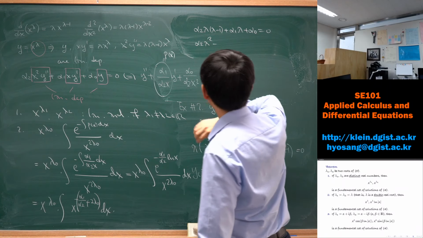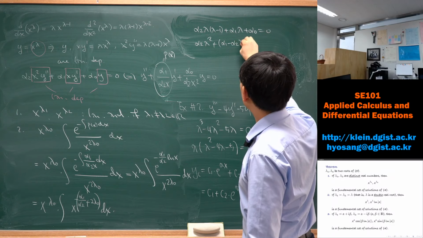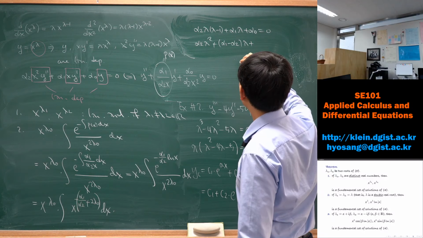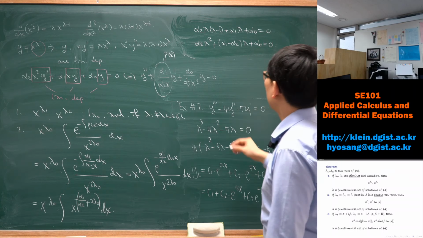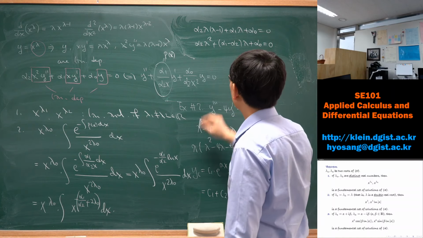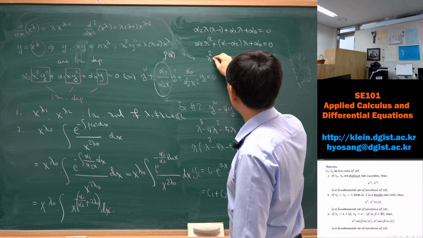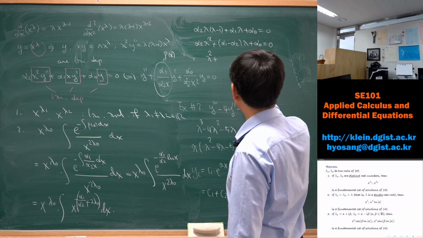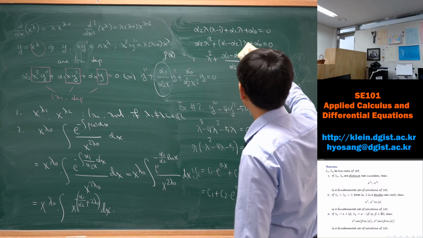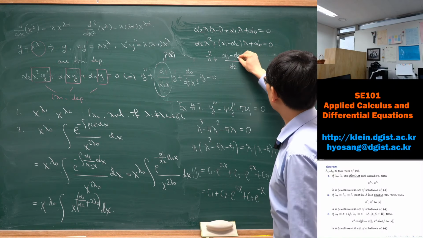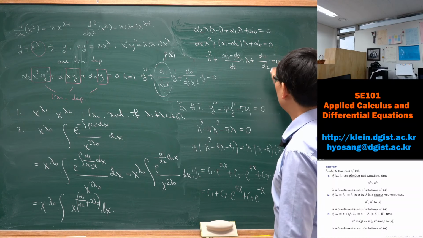Alpha 2 lambda squared plus alpha 1 minus alpha 2 times lambda plus alpha 0 equals 0, right?